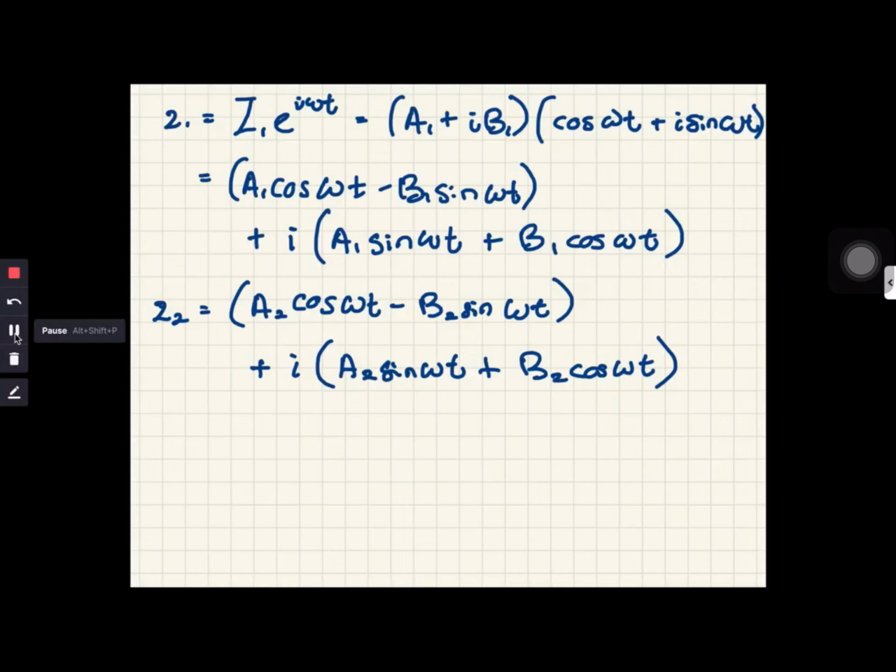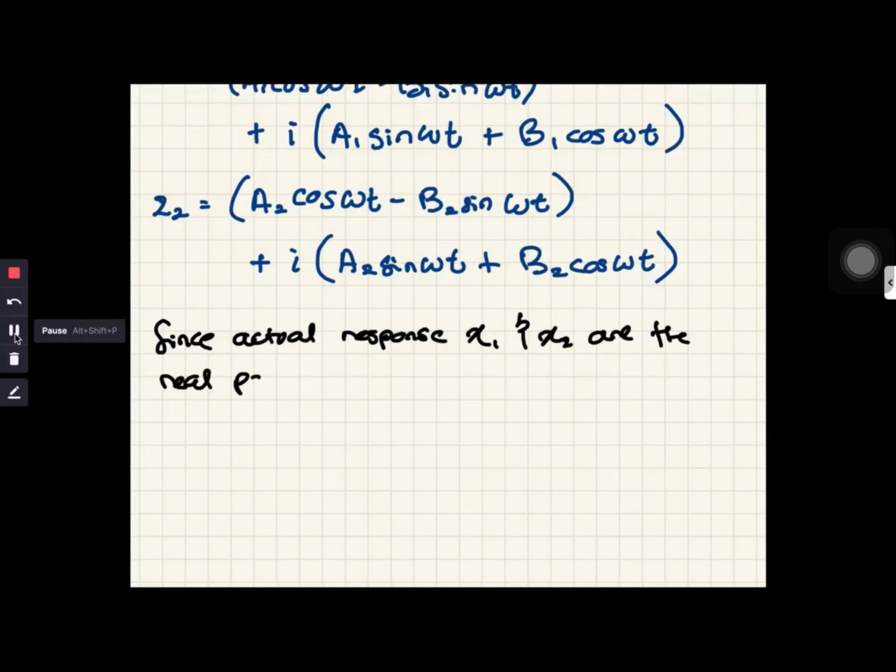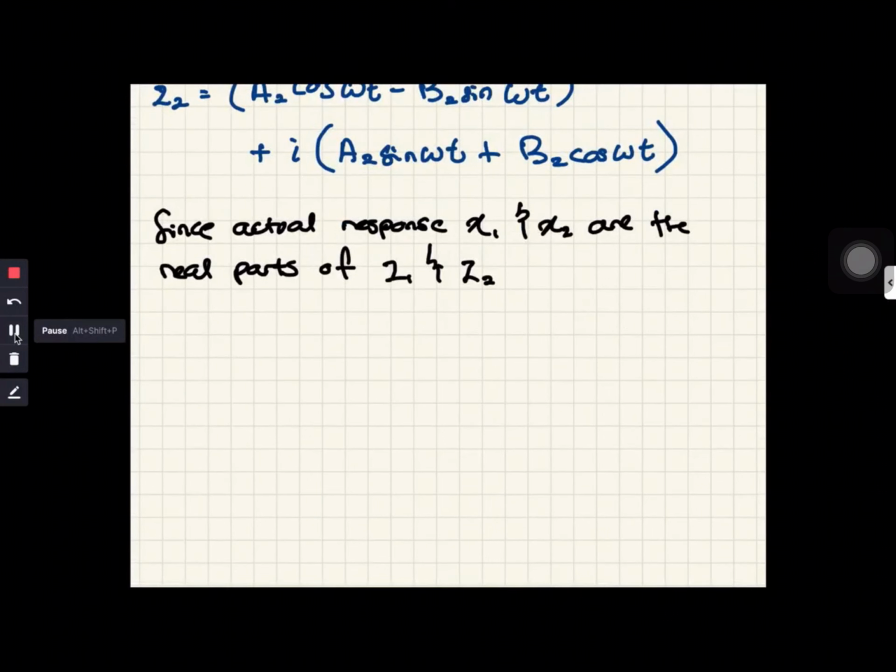Since the actual response x1 and x2 are the real parts of Z1 and Z2, we can write the response of x1 and x2.